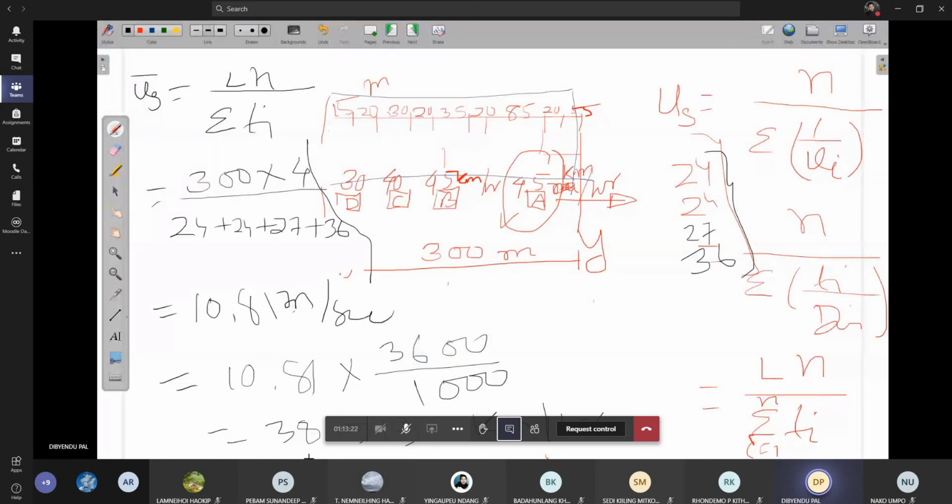That doesn't mean that all those 5,000 vehicles are cars. There may be some cars, some trucks, some two-wheelers, some autos also, but they are equivalent to cars. So they are equivalent to 5,000 vehicles per hour. But if you simply say 5,000 vehicles per hour, it does not indicate what the different types of vehicles are.